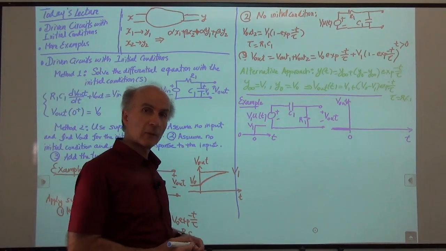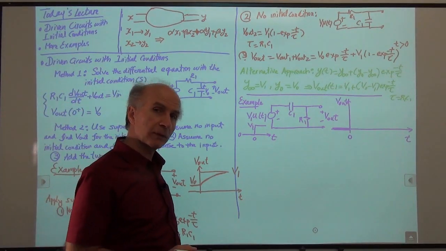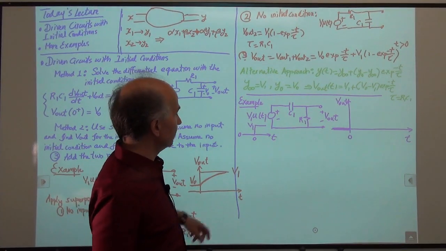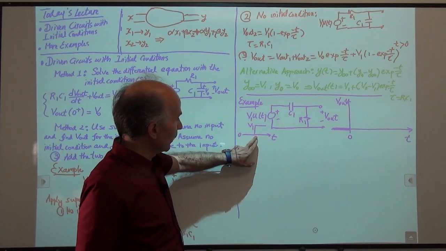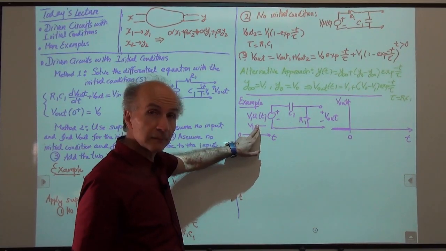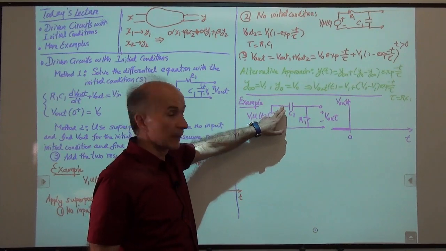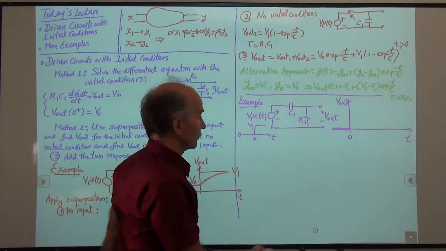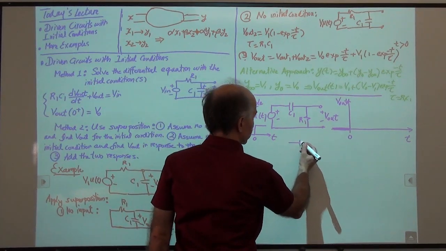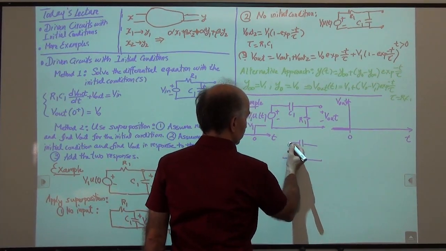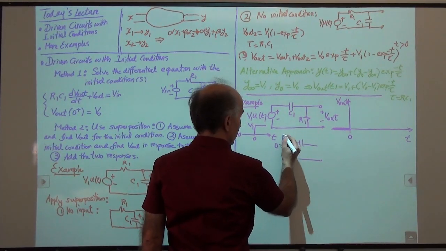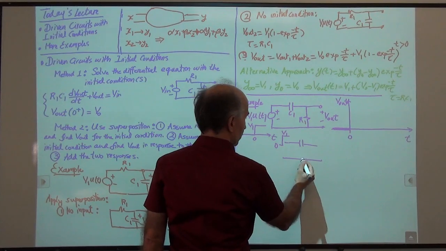Okay, so how much is V out at time 0 plus? Well, what we know is that we are over here. So this plate of C1 has jumped to V1. Let's try to draw that a little more explicitly. So this voltage here has jumped from 0 to V1 with respect to ground, right?